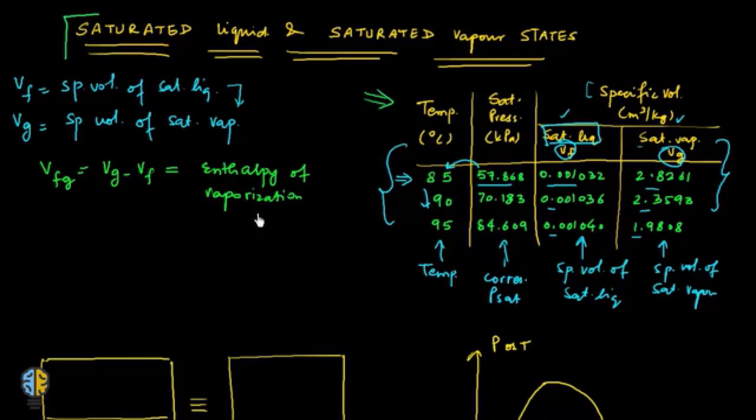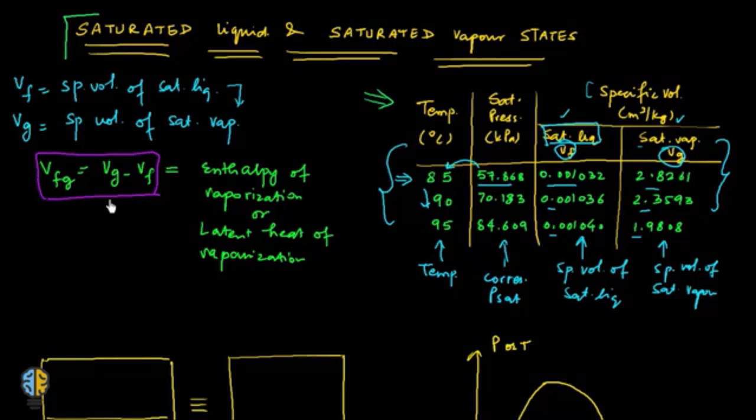Wherever you see fg in the subscript, it means that we are talking about the latent heat part. This is a very important term to understand, because this is what you will be tackling in the questions on such topics. This table is something that you will encounter a lot in the questions.